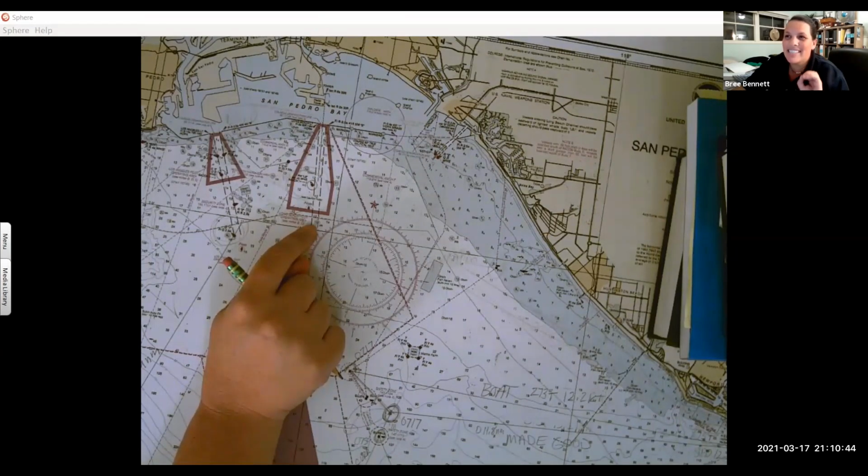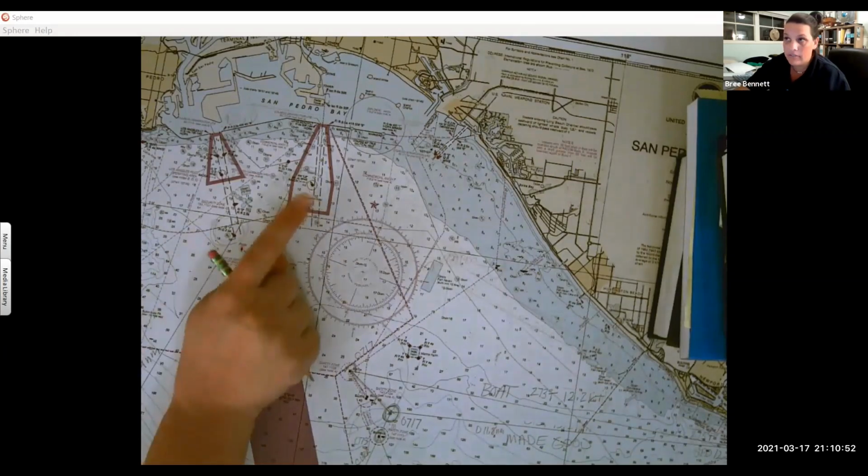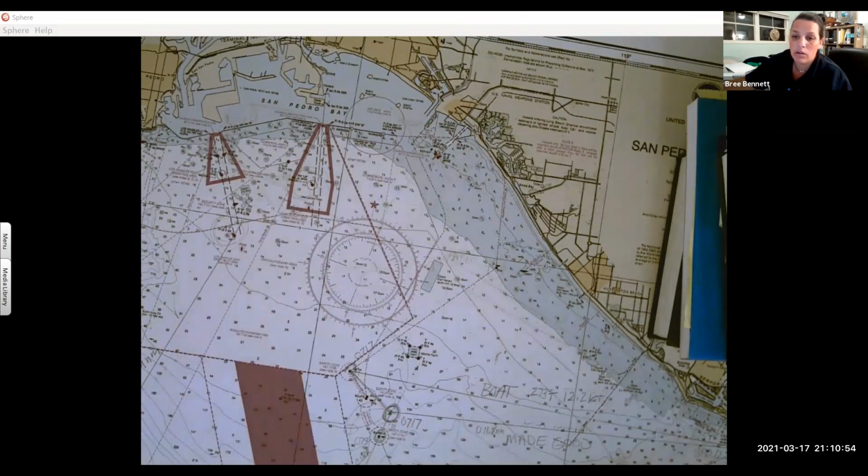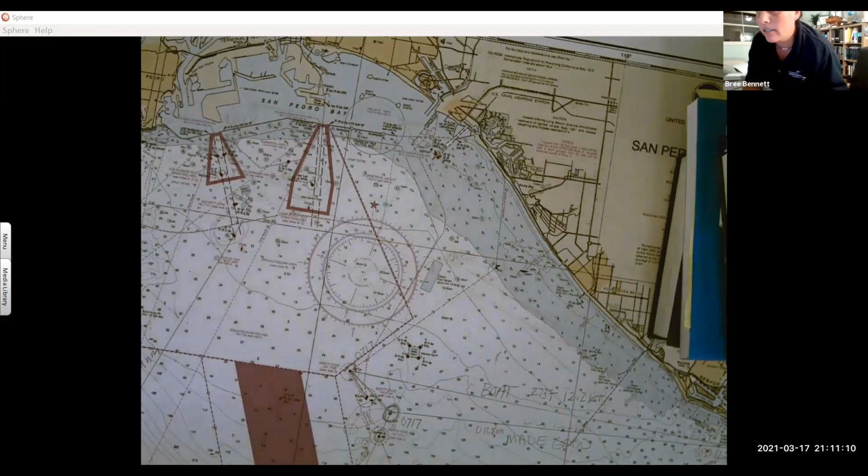We want to know what course to steer and what speed our boat needs to do in order to make an ETA. So we have a desired speed made good. We haven't calculated that, but we're going to leave here at 1500 and we want to arrive here at 1630. That gives us a desired speed made good that we need to calculate. I'm going to have to adjust my camera, so bear with me.